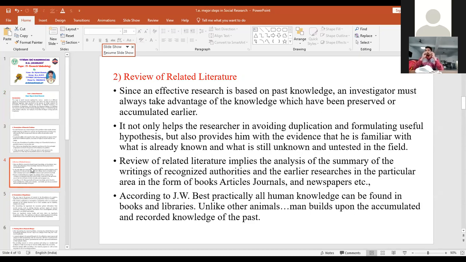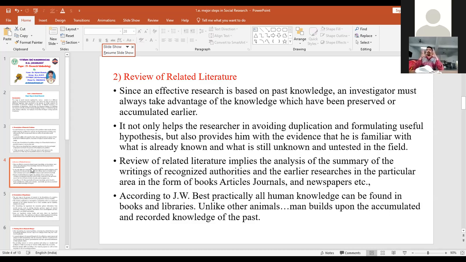So human beings can build up their accumulated knowledge, and that may be recorded knowledge of the past. So the books are the recorded knowledge of the past. We can conclude that the books are the recorded knowledge of the past of the individuals or the human beings, or about their society, their culture, whatever it may be.